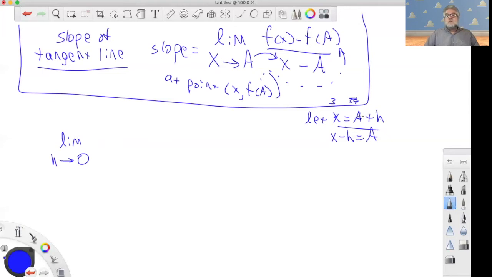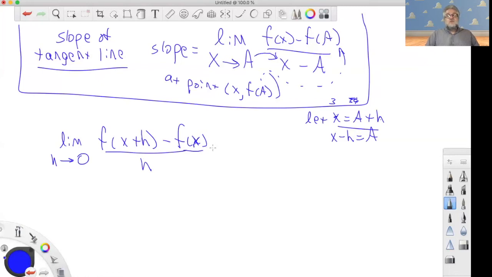So let's see. I'm going to write this as f of x plus h minus f of x over h. And this is the way we're going to use this function.